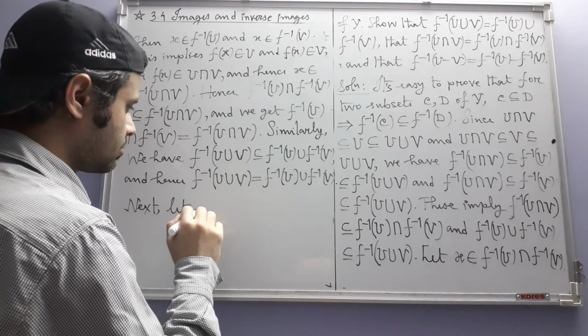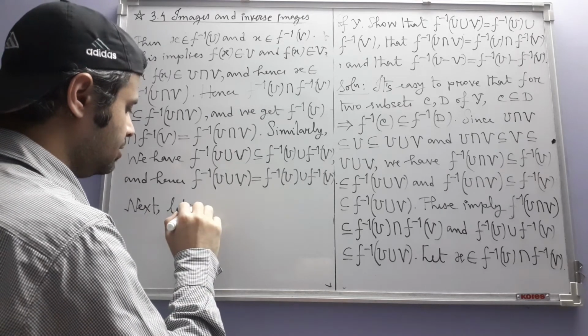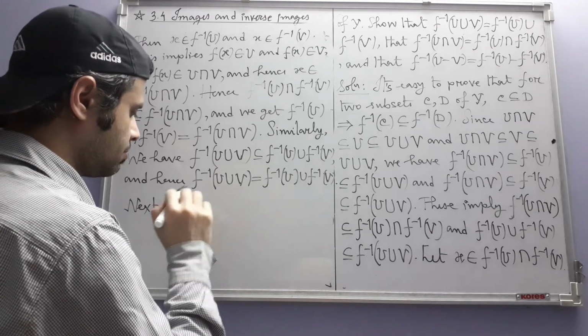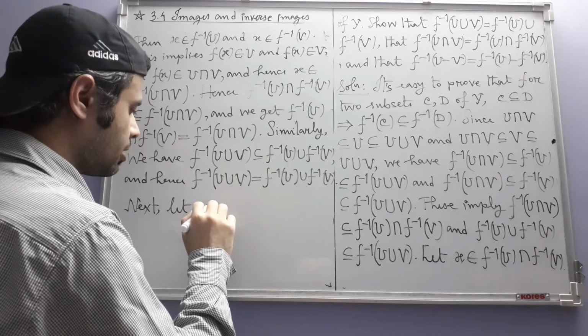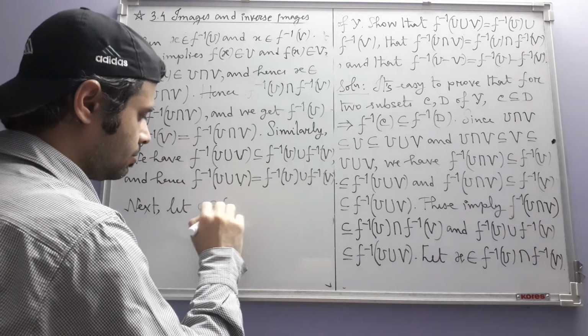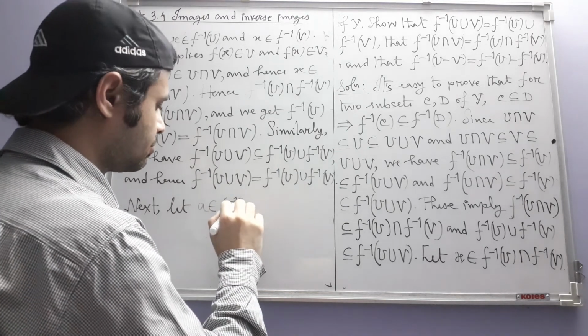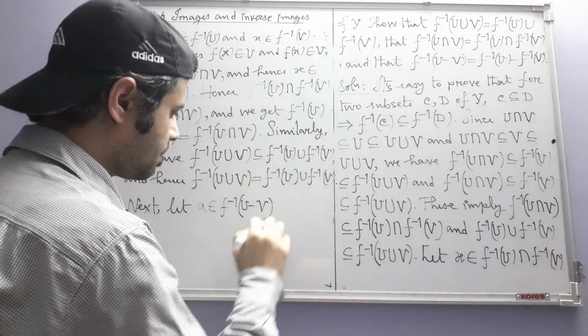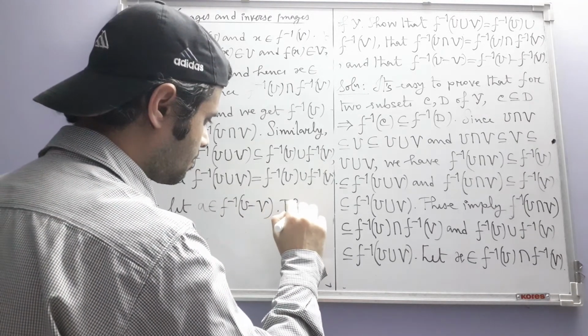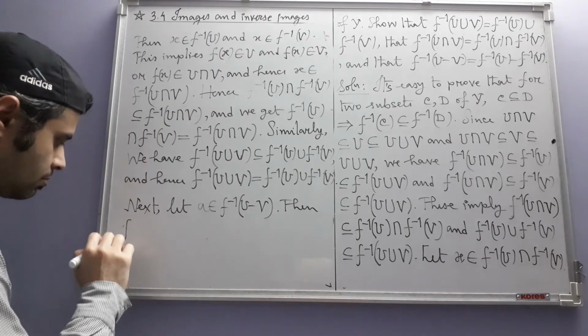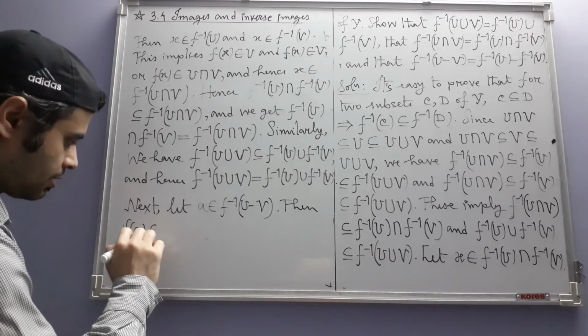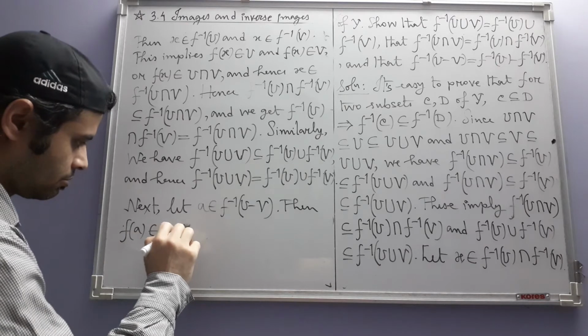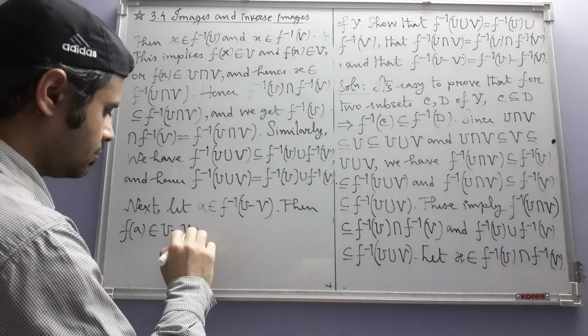Next, let us take A. Let A be any element in F inverse of U minus V. Then F of A belongs to U minus V.